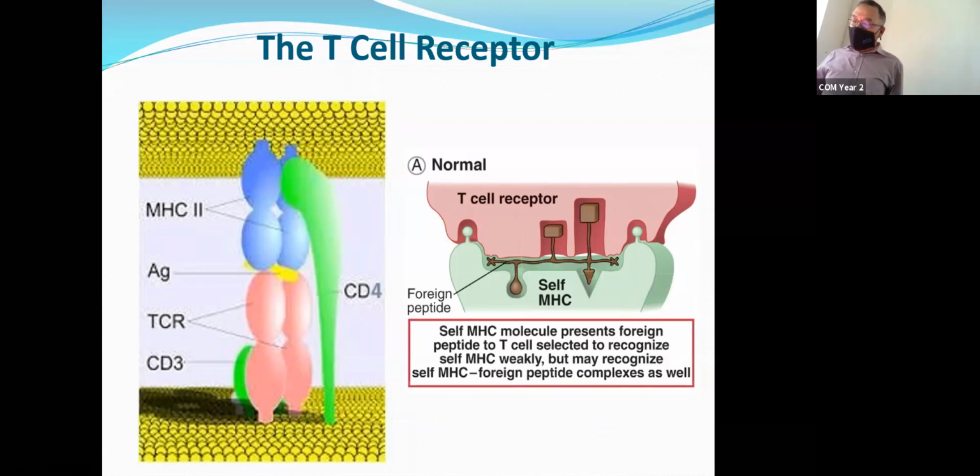So in other words, if this T lymphocyte didn't have a CD3 component and only had a T cell receptor, it would only bind to antigen, but then do nothing, all right?